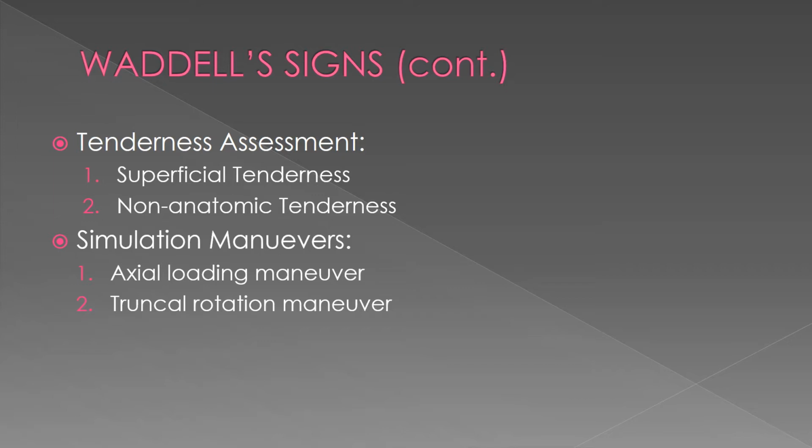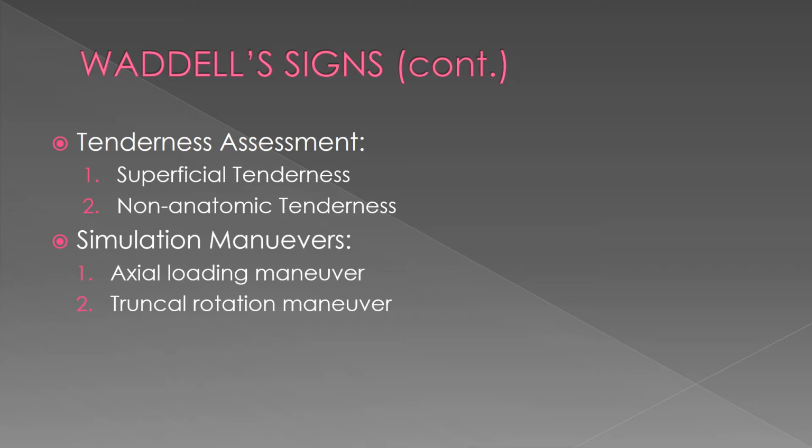So the axial loading maneuver is simply performed with the examinee standing, and the examiner places axial pressure down the vertex of the skull to compress the head into the cervical spine, and then secondarily to compress the cervical spine into the thoracic spine, and the thoracic spine into the lumbar spine.